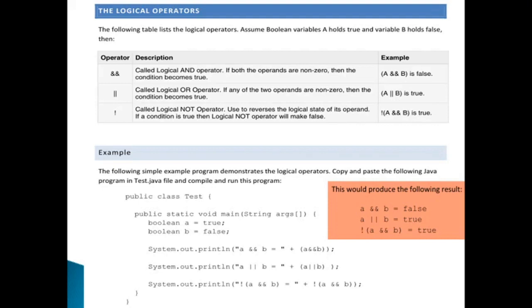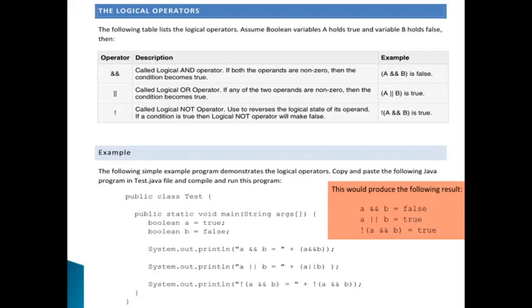Now the other operators in the list are the logical operators. What are logical operators? Logical operators perform a function that shows how two expressions are related.